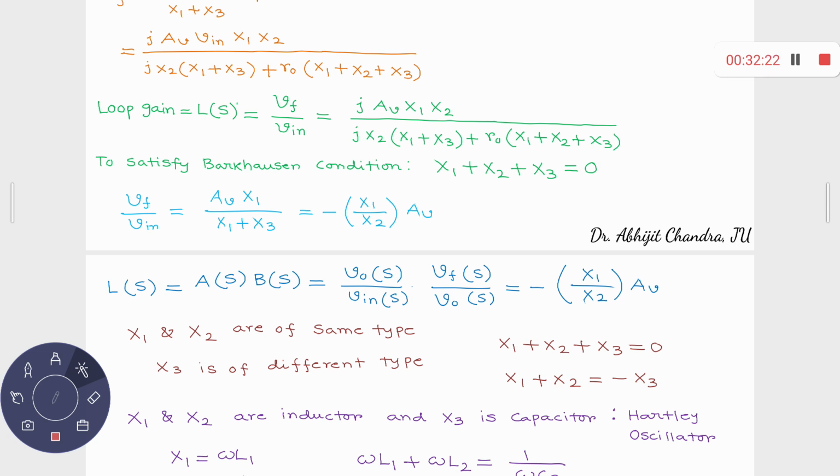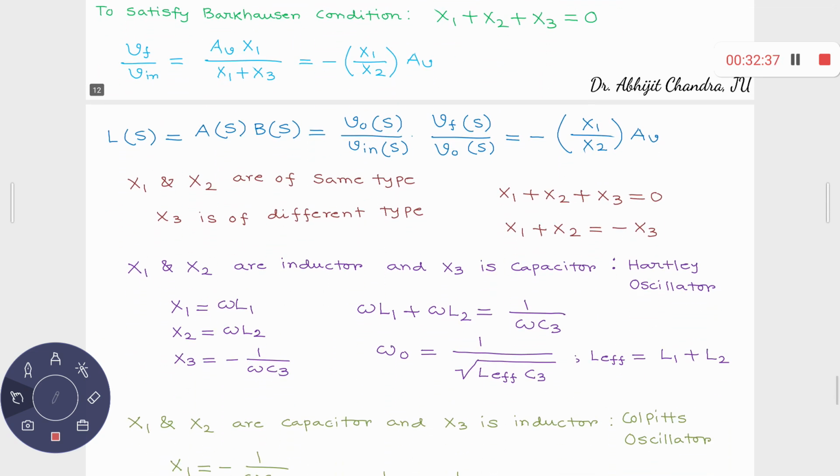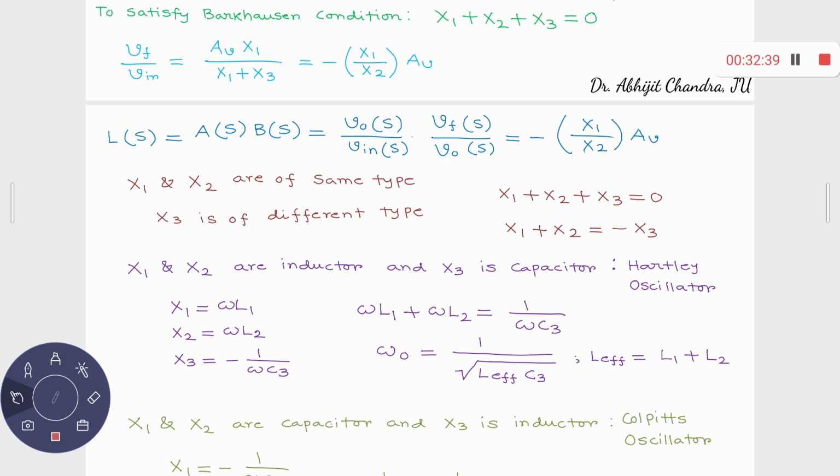Okay. So x1 plus x2 plus x3 is equal to 0, and therefore x1 plus x2 is equal to minus x3. So the condition is that both x1 and x2 are of the same type. Now if both x1 and x2 are inductors and x3 is a capacitor, then it is known as a Hartley oscillator.